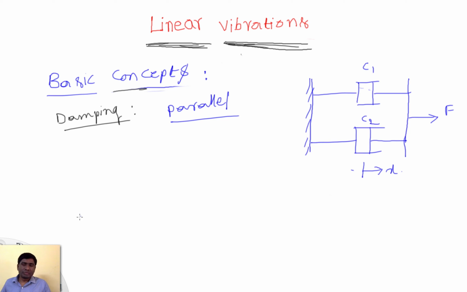When dampers are in parallel, the two dampers move the same amount of displacement, but the forces in the dampers are different: here F1 and here F2.